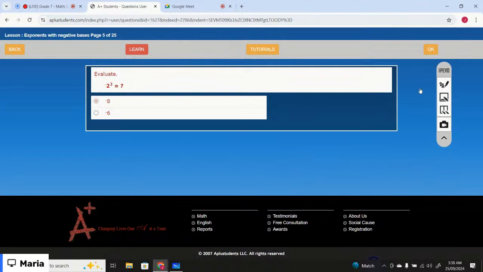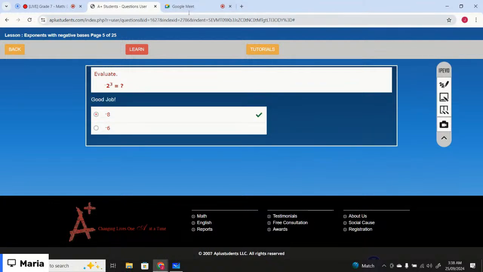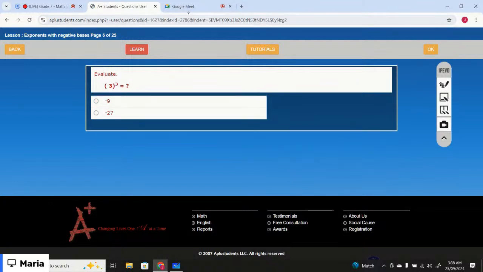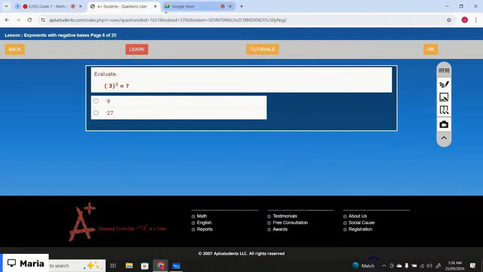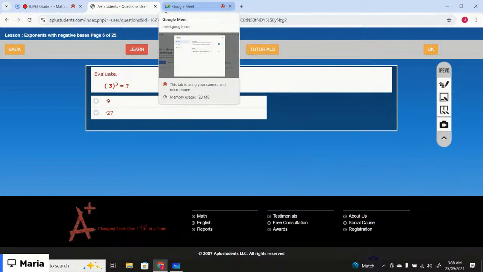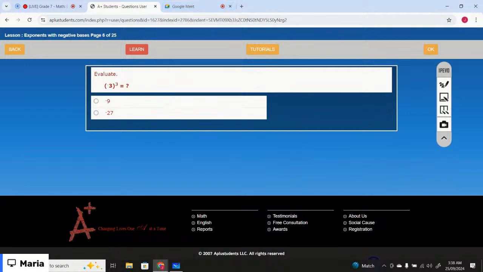Option number 1 is the correct option. Negative 3 exponent 3, which is the correct option?